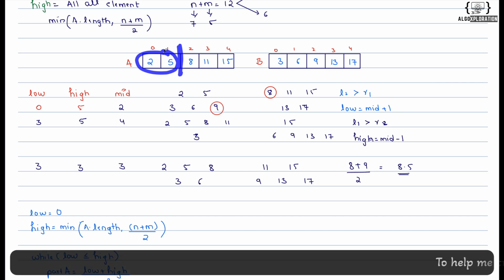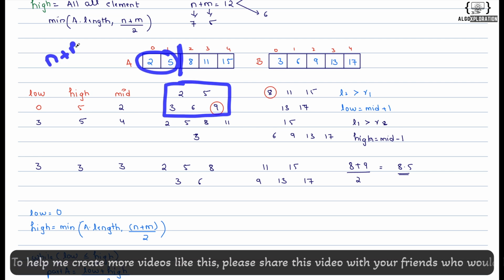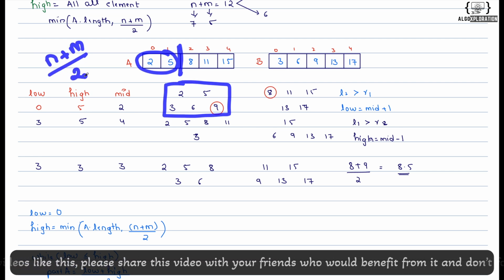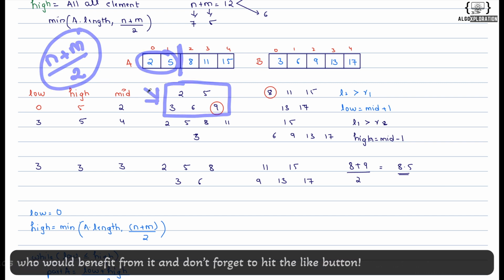See, in the first section there should be 5 elements, and we can find it by doing (n plus m) whole divided by 2. So these are the elements in each section.